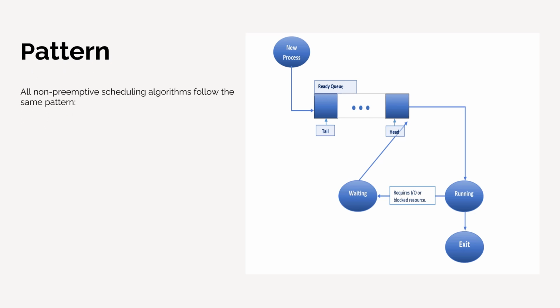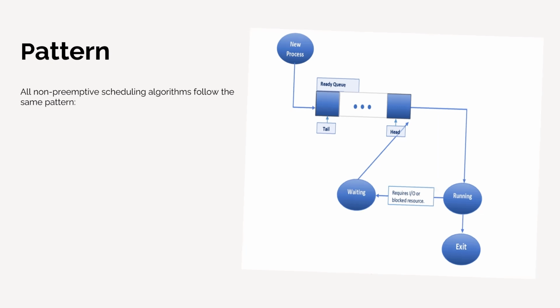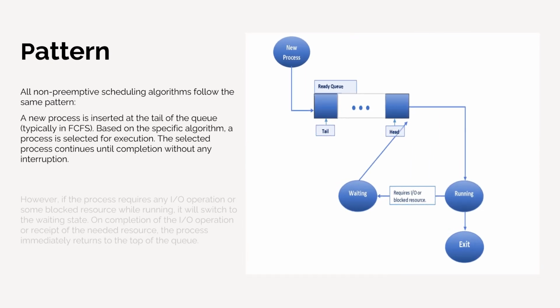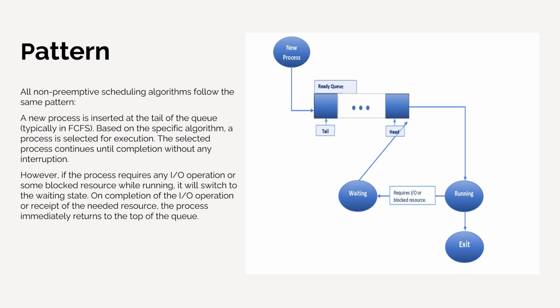Let's know about the pattern. All non-primitive scheduling algorithms follow the same pattern. A new process is inserted at the tail of the queue, typically in FCFS. Based on the specific algorithm, a process is selected for execution. The selected process continues until completion without any interruption.